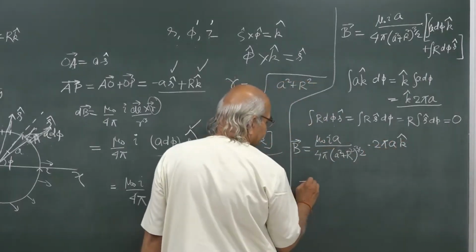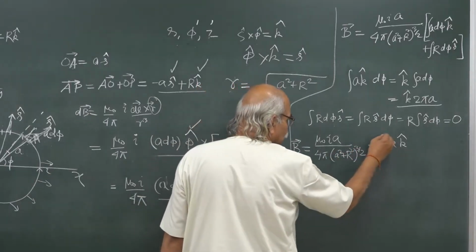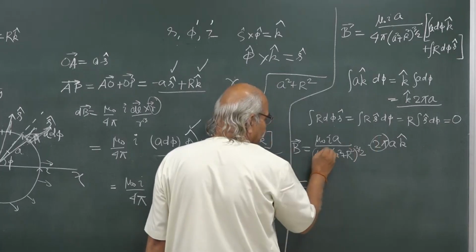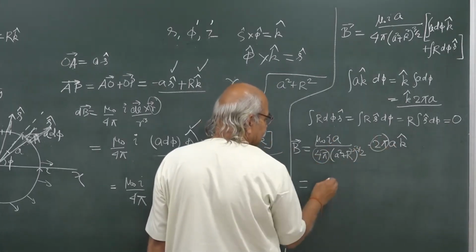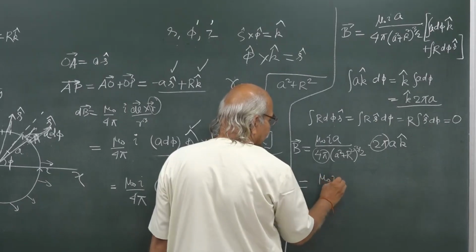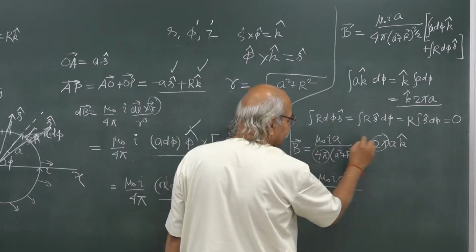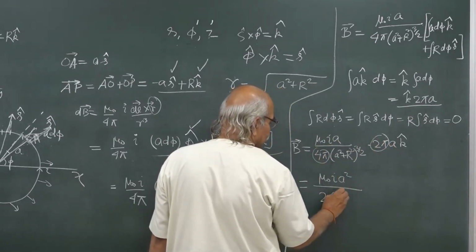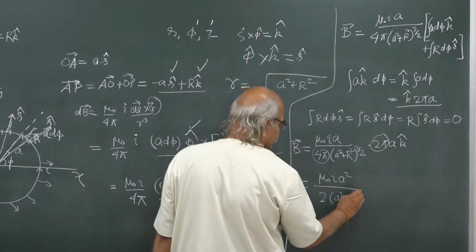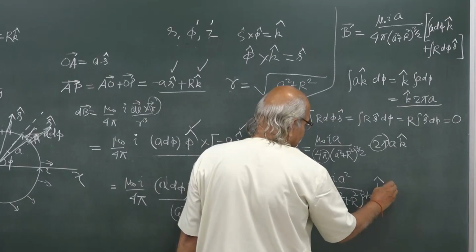This is the final magnetic field, and this 2 pi and this 4 pi you can write as 2 here, then this A and this A will be A square. So, mu naught I A square by 2, A square plus R square to the power 3 by 2, and then k cap. This is your answer.